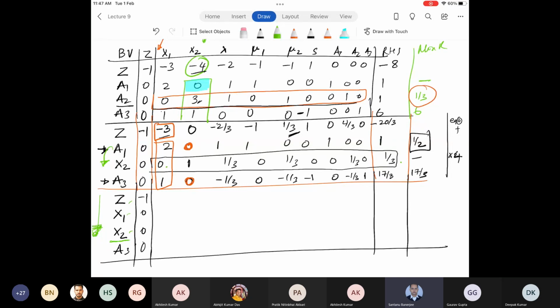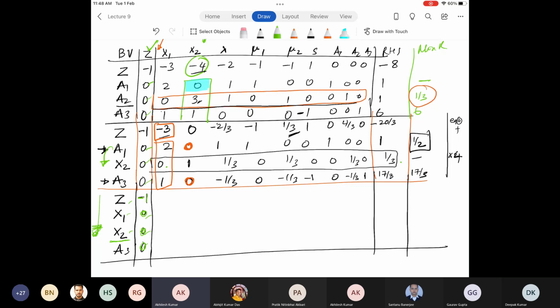So this 0, 0, 0 indicates the coefficient of those basic variables in the objective function. Similarly, in the next iteration, when A1, X2 and A3 are there, it should be 0, then the coefficient of X2, which is -4, and then again 0. These are just that the G variable is not present in any other equation. That's all it is saying.